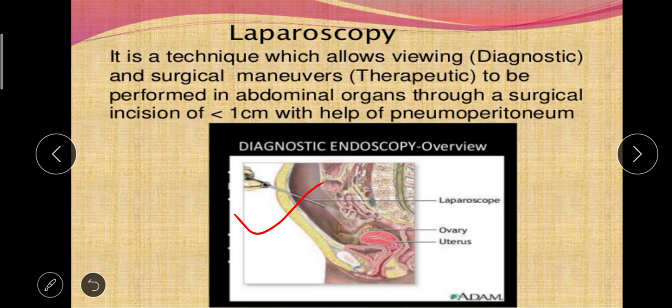You can see in this picture how they are doing laparoscopy. It is a technique which allows viewing, diagnostic and therapeutic surgical maneuvers to be performed in abdominal organs through a surgical incision of less than 1 centimeter, with the help of pneumoperitoneum. These are the endoscopic procedures done in gynecological cases.